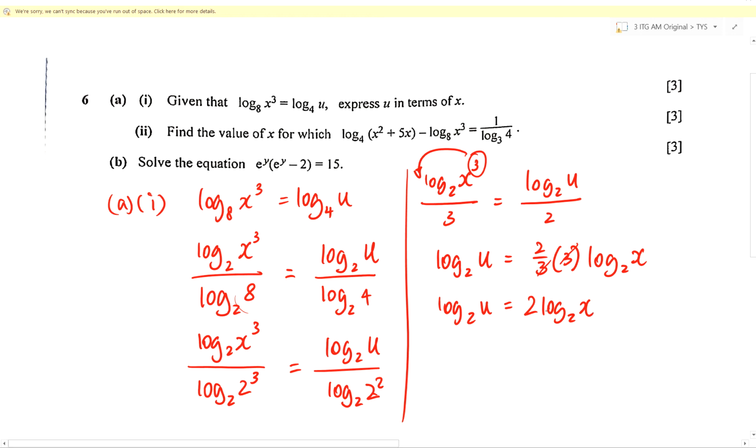Right now it is 2 log base 2 x. We can get rid of this 2 by bringing it back to the power, giving it to the power of x: log base 2 x squared. Now we can really do a direct comparison. u has to be equal to x squared, because both of them are log base 2. Log base 2 u equals log base 2 x squared, therefore u must be equal to x squared.